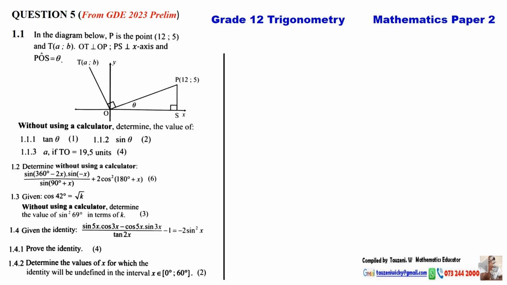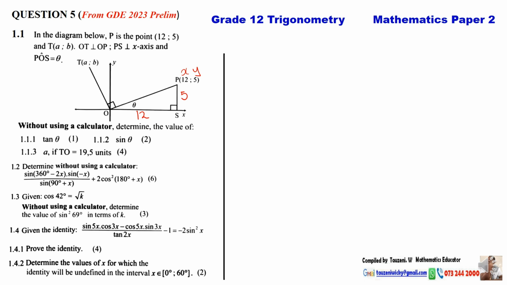The first value is x and the second one is y, which means the dimensions of the triangle given along the x-axis from O to S, there is 12 units. Then along the y-axis from P to S, there is 5 units.